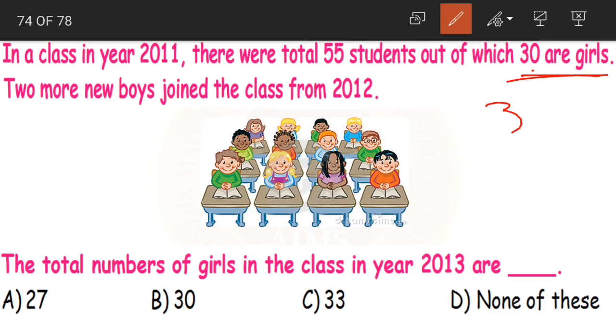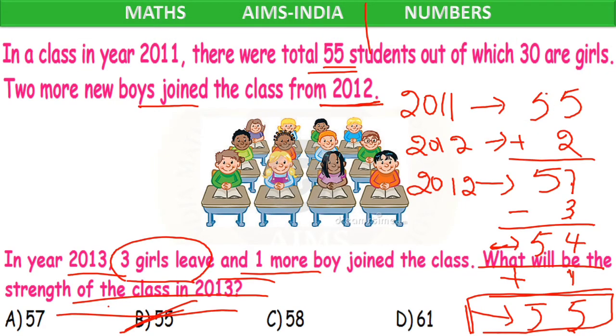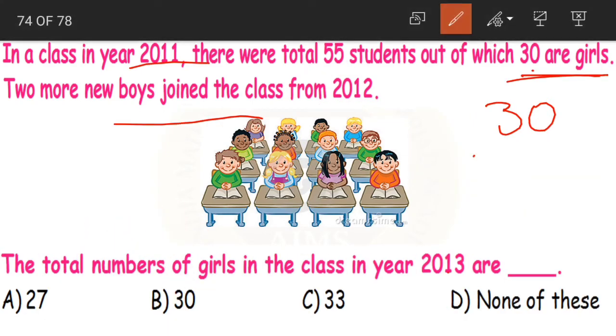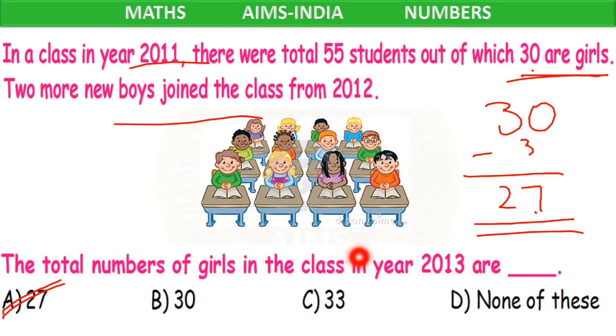Now we know that there were 30 girls in 2011. Yes, no girls joined in 2012, so no change. In 2013, what happened? See, 3 girls left. So what should we do? We should subtract. 30 minus 3 is 27. Yes. So in 2013 there were 27 girls in the class.